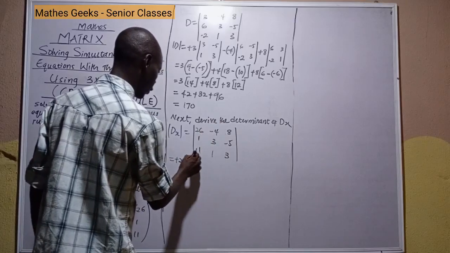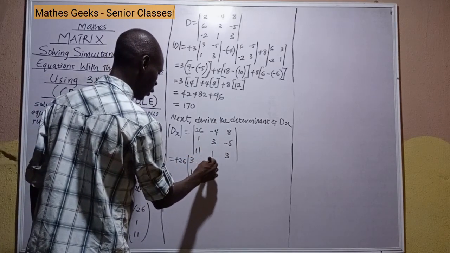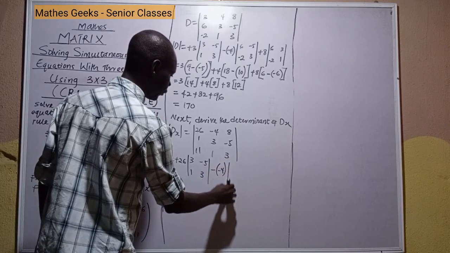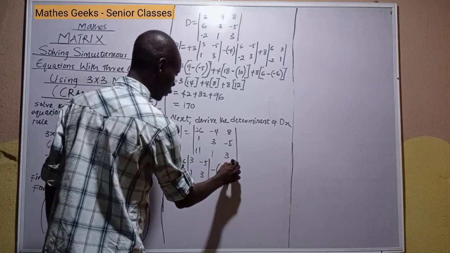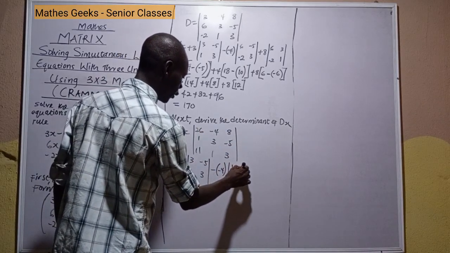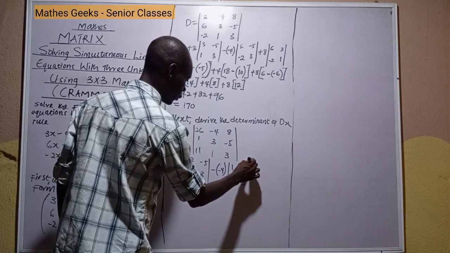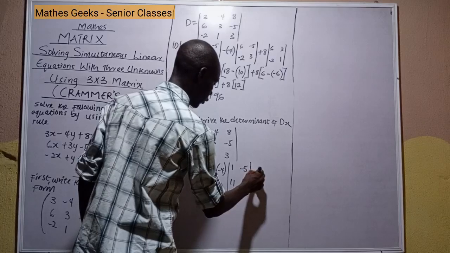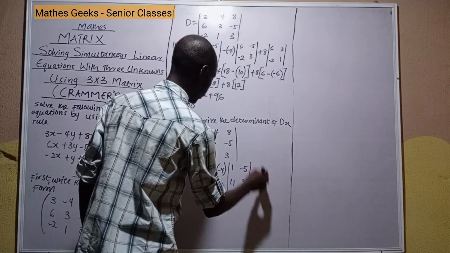First row, first column: 3, 1, minus 5, 2, minus 4. First row, second column: 1, 11, minus 5, 3, plus 8.